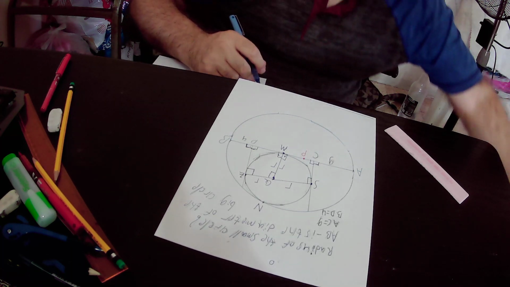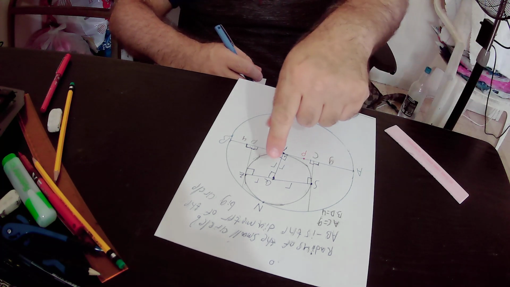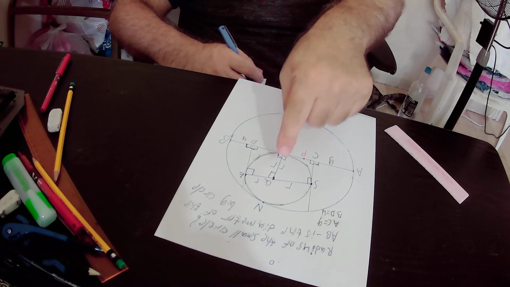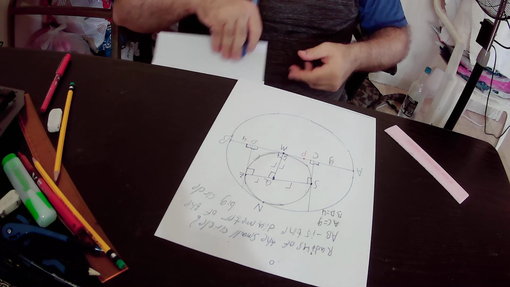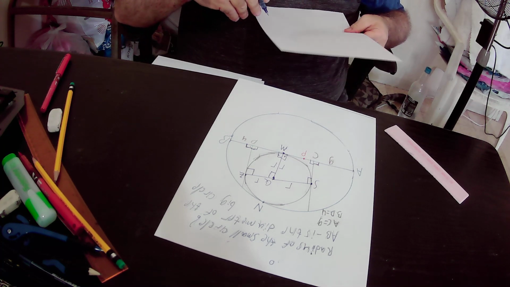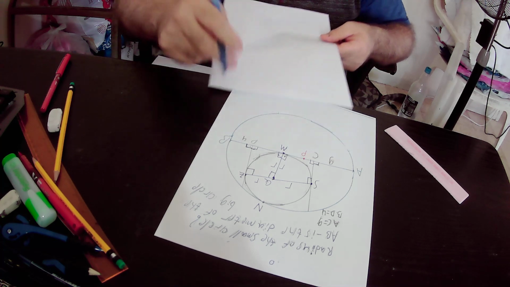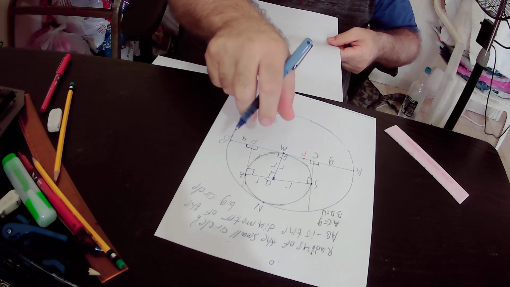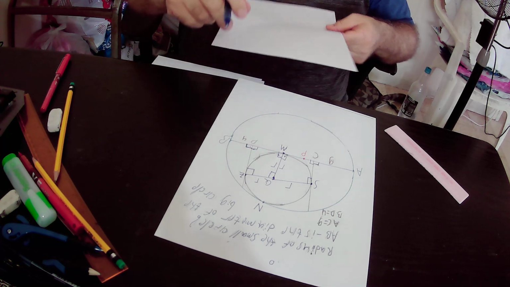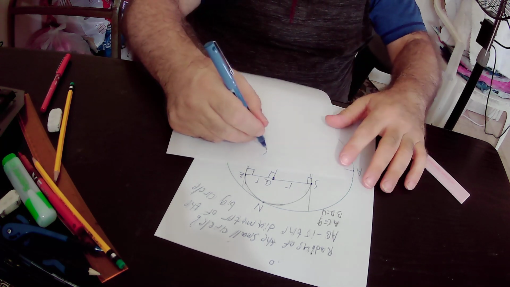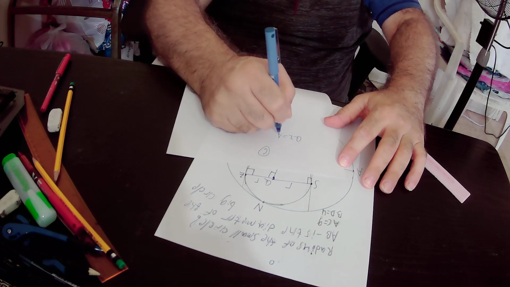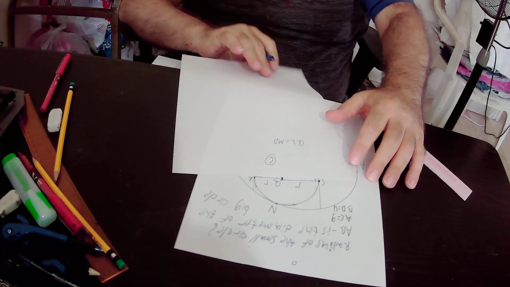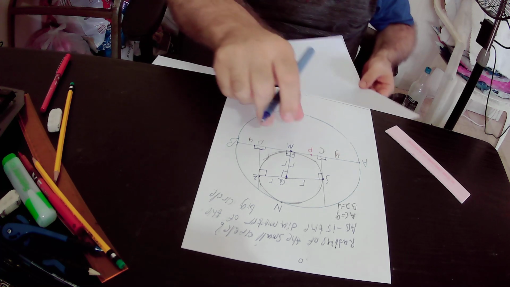So here QZ is opposite to MD, so QZ equals MD according to rule number 4. QZ, that is opposite to MD, is equal to MD, so we can write down that QZ equals MD.